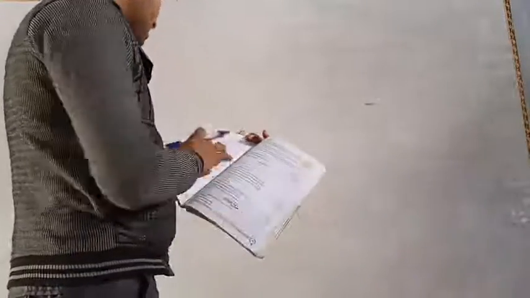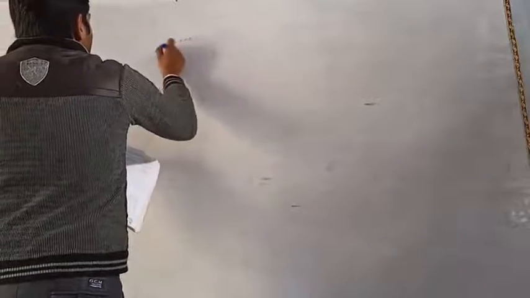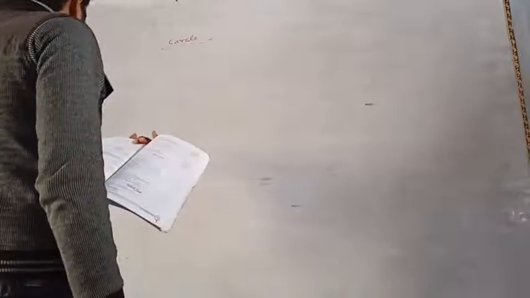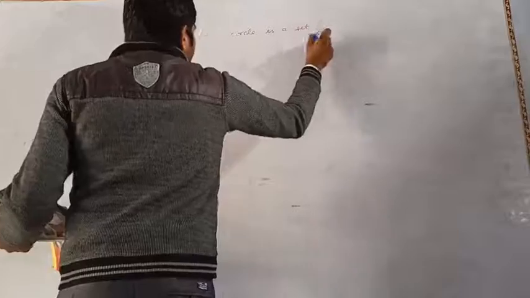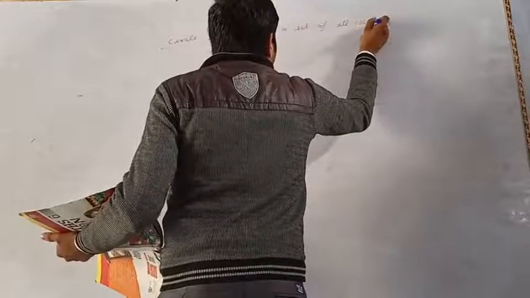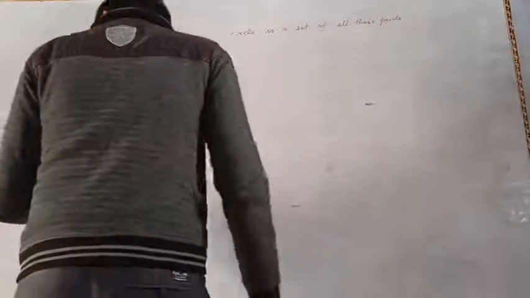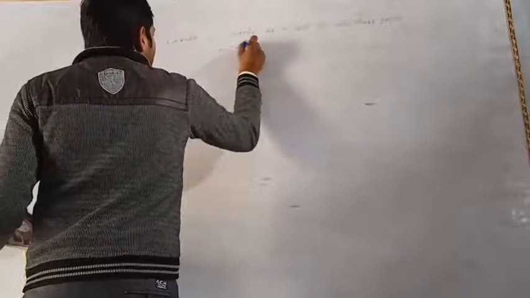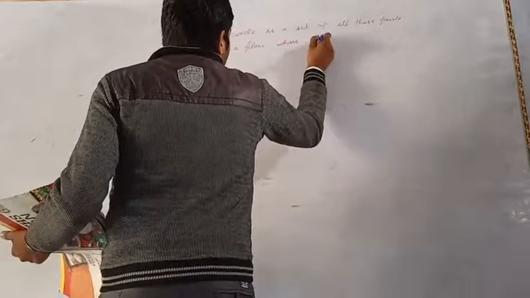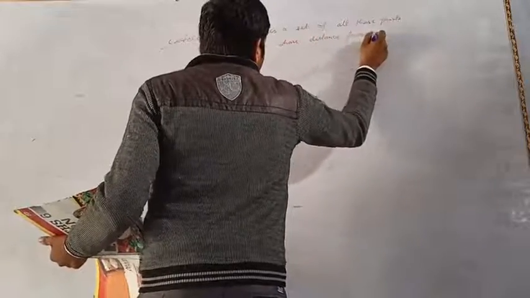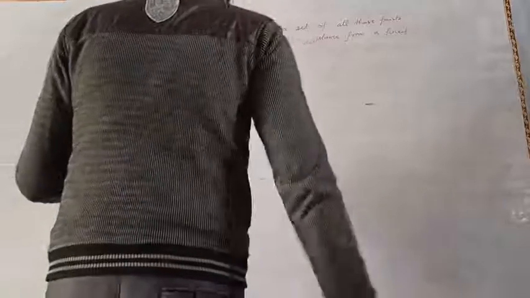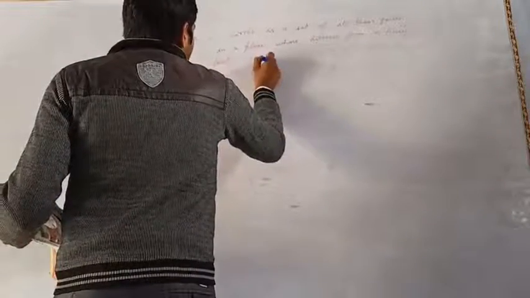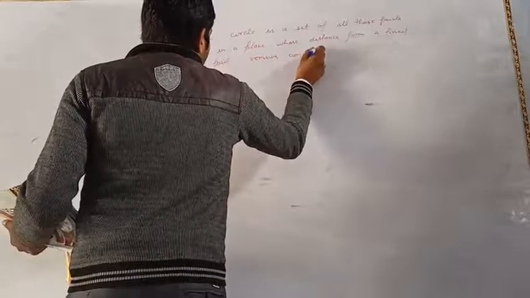Again, here a circle is also given. What is a circle? A circle is a set of all those points in a plane whose distance from a fixed point remains constant.